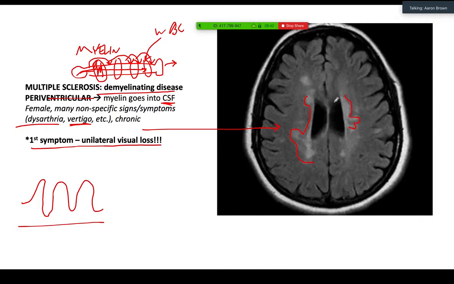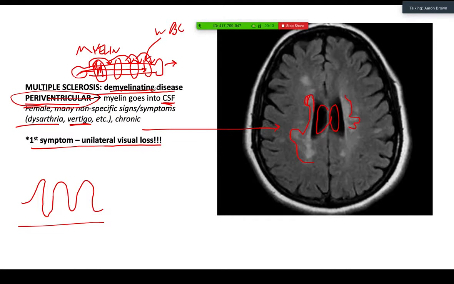What you're looking for is periventricular demyelination. Okay? And so you can see here's our ventricles filled with our cerebral spinal fluid, and you can see this is the area that's more involved than the rest of our CNS. For whatever reason, I don't know the exact reason that it is periventricular, but whenever you see the words periventricular demyelination together in a question stem, you are saying, thank you, Jesus, for sending me this question about multiple sclerosis.